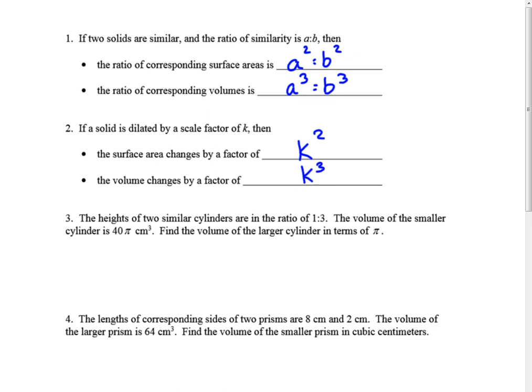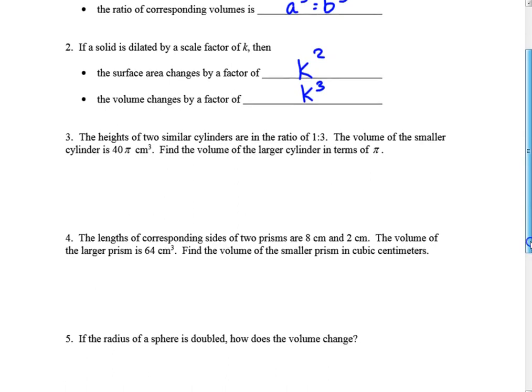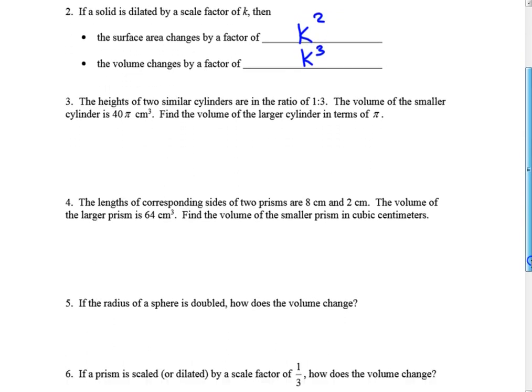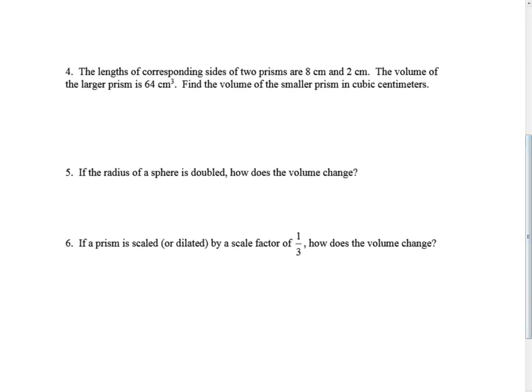If we were going to do this question, let's look at a question like number 5. If the radius of a sphere is doubled, how does the volume change? Well, that would be 2 cubed, so the volume would be 8 times greater.